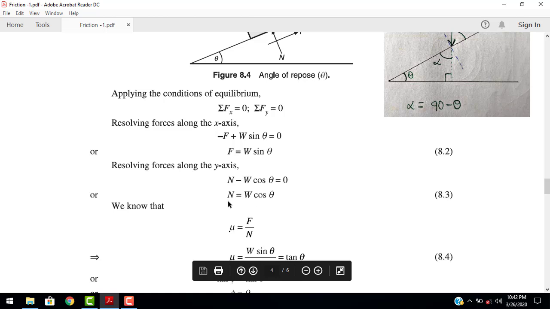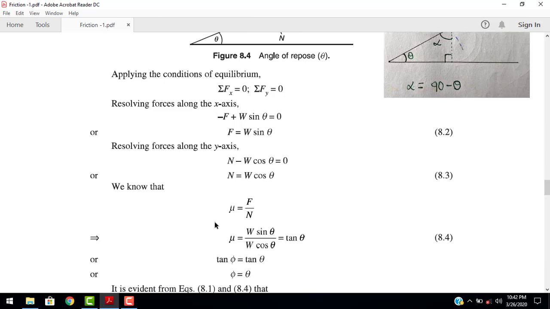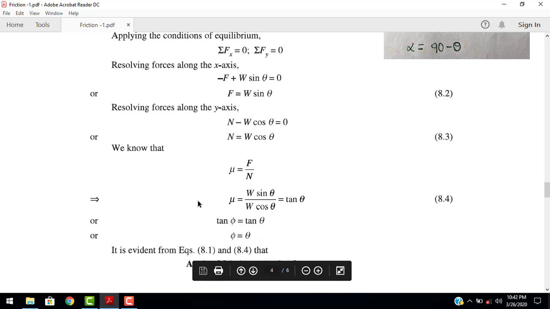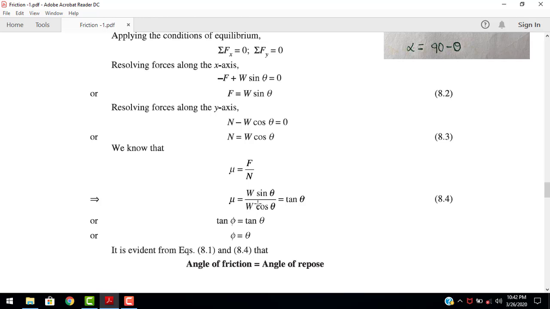Now we know that mu, that is the coefficient of friction, is equal to F by N. So dividing equation 1 by equation 2, I can say F by N is equal to W sine theta by W cos theta, which is equal to mu. So sine theta by cos theta, we know that it is equal to tan theta, where W gets cancelled.